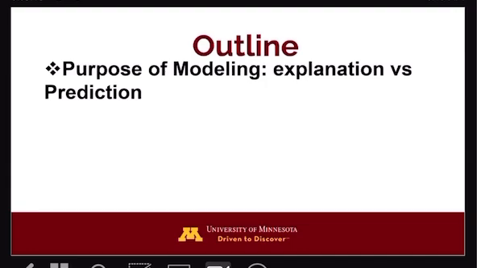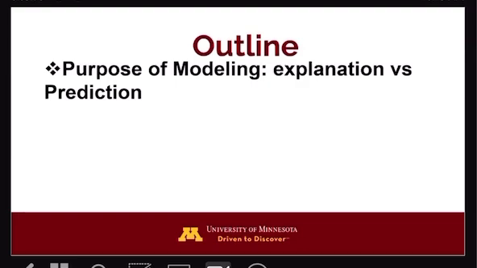The metric of evaluation that we use in model explanation is different from the one that we use in model prediction, and that's why we want to know your intention. I'm going to make a distinction today between explanation and prediction. They are not the same.